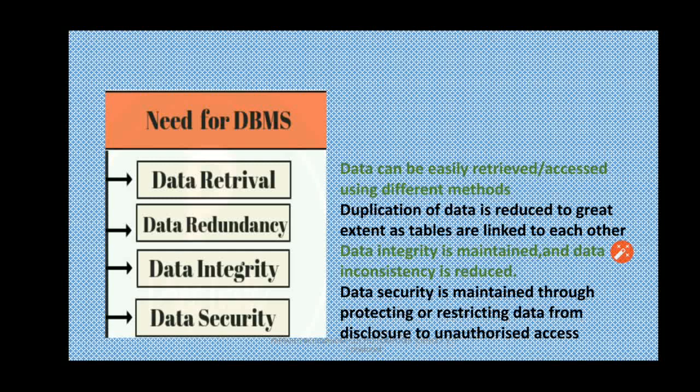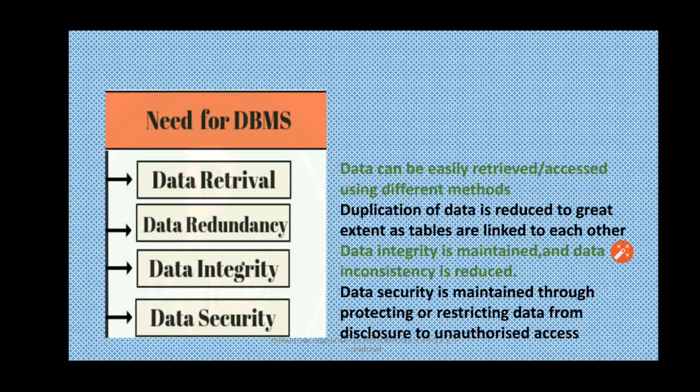So data integrity is also maintained, and data inconsistency is reduced. What is data inconsistency? If you have multiple copies of the same information, maybe at one time you update a particular copy and the other copy you do not update. So for a particular information, you may have different values from different tables, which may definitely be confusing at times.